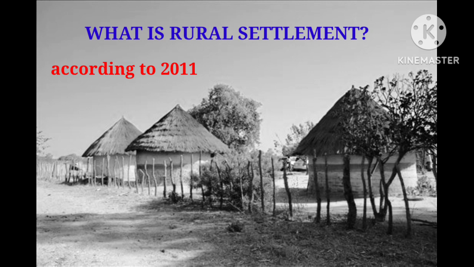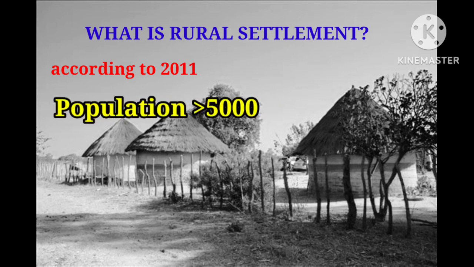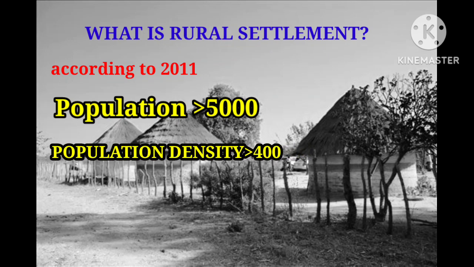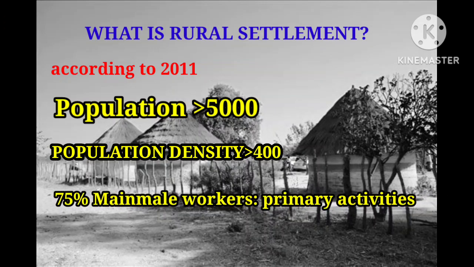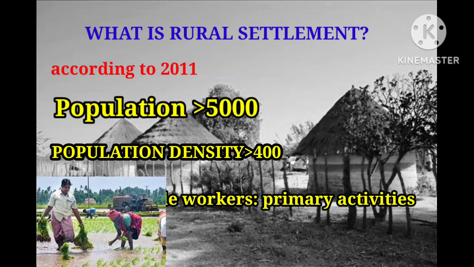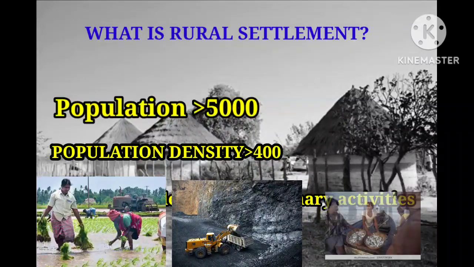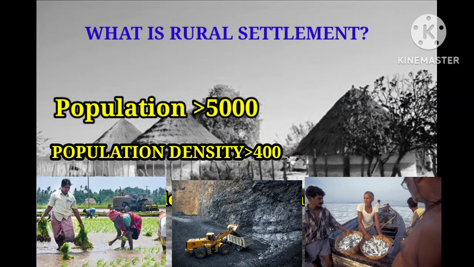According to the 2011 census, rural settlement means the population should be less than 5,000, the density of population should be less than 400, and 75% of male workers should be engaged in agricultural activity or any kind of primary activities.